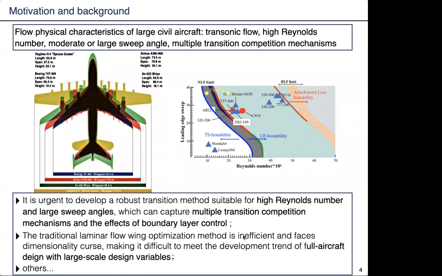The other one is that we know the traditional laminar flow wing optimization method is inefficient and faces the dimensionality curse, making it difficult to meet the development trend of aircraft design with large-scale design variables.